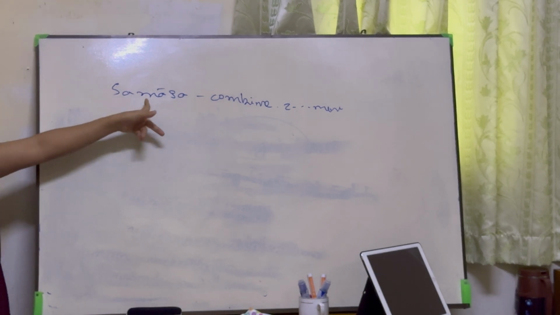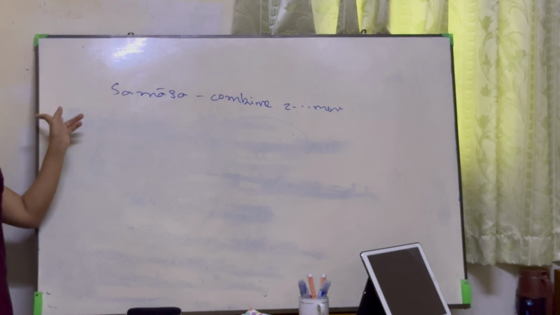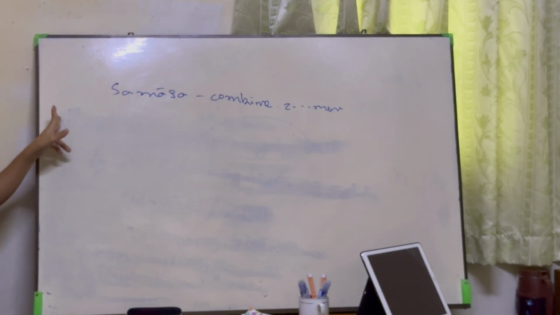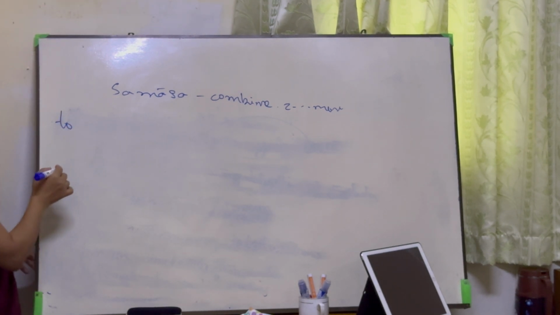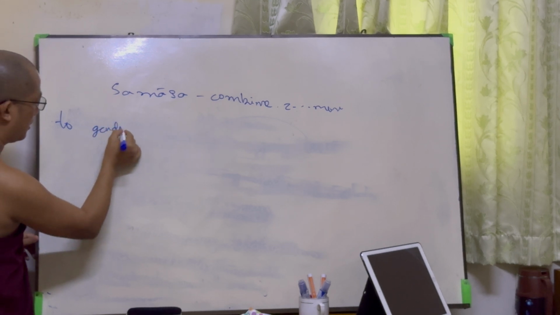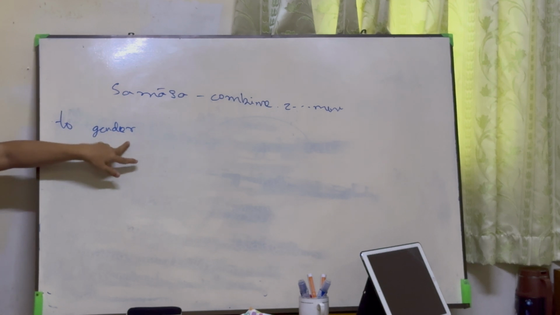We use the Samāsa when we combine two meanings as well as the word combination. The purpose is that when we study the Samāsa, we become familiar with gender. Without knowing the gender, we cannot make the definition.